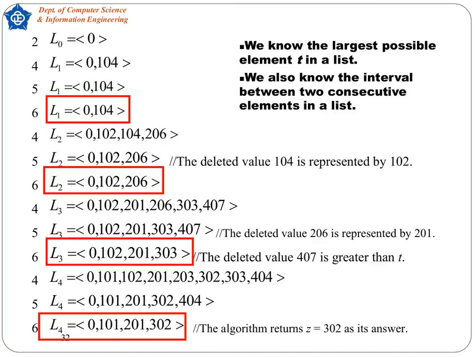A last round of trimming maps each pruned value to its nearest survivor, resulting in 0, 101, 201, 302. The algorithm then returns z equals 302 as its final answer. Throughout this process, we rely on knowing the maximum target t and the fixed interval between consecutive list entries, both direct consequences of our epsilon-based trimming strategy.